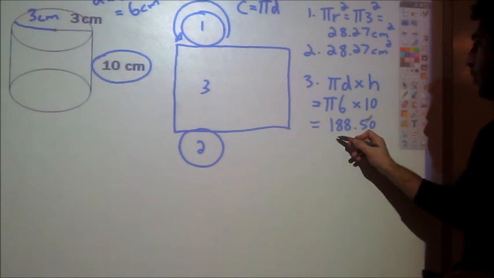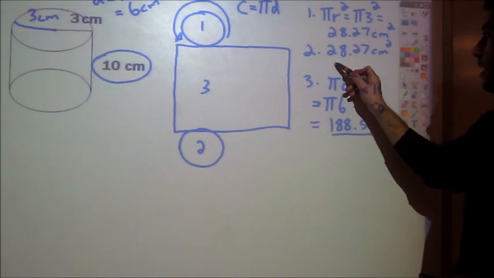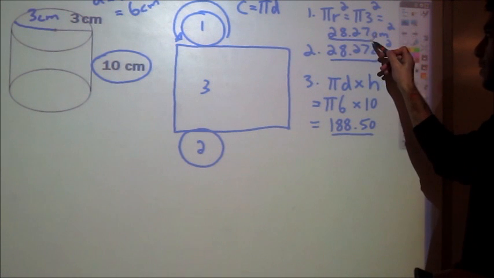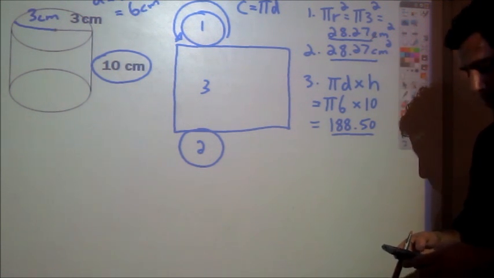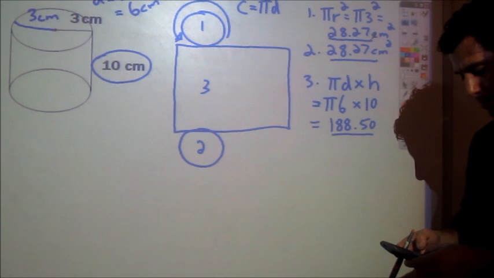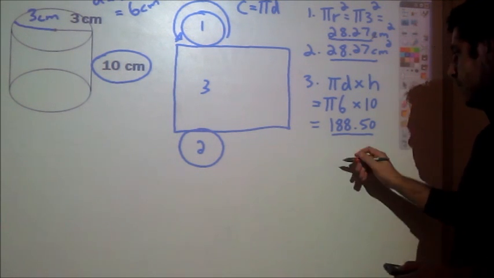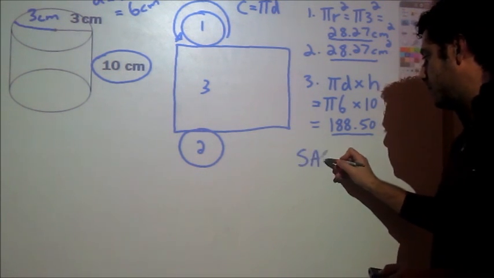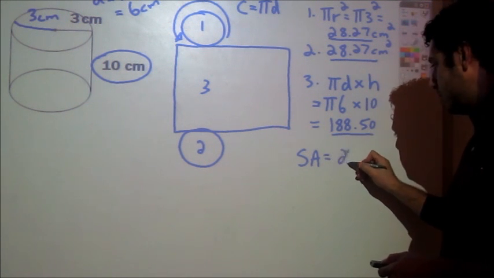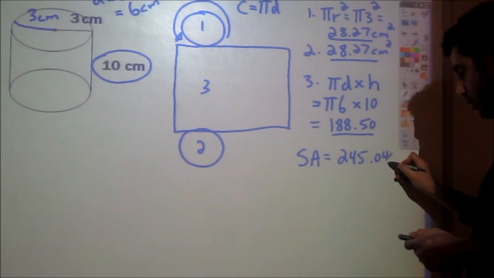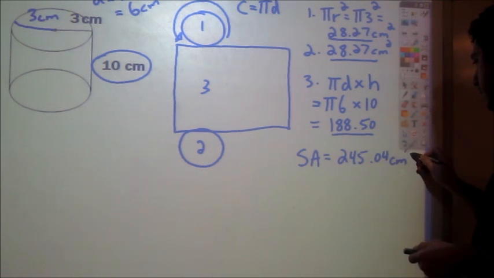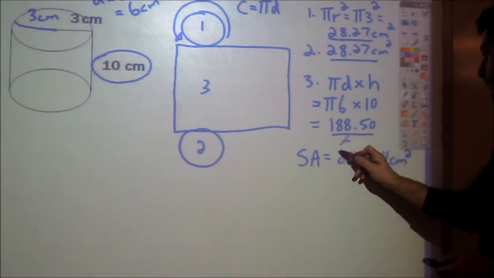Now, we have our three areas. We just need to add them up. So the total surface area of this right cylinder is 245.04 centimeters squared.